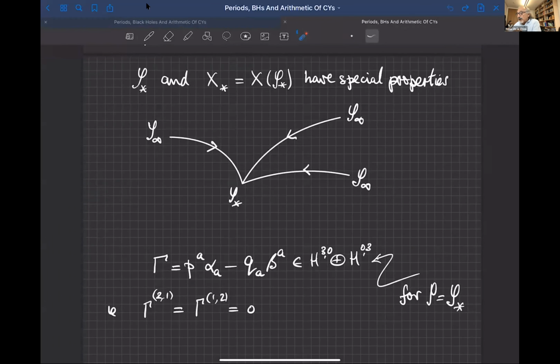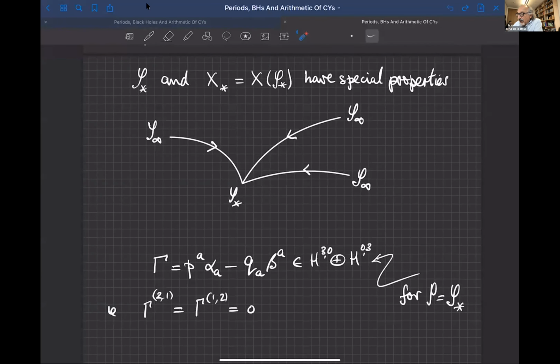Each of these spaces is one-dimensional, so this determines a two-space in the four-dimensional cohomology space, and this moves. And the statement is that for phi equals phi star, it has moved in such a way that this space contains the vector gamma.